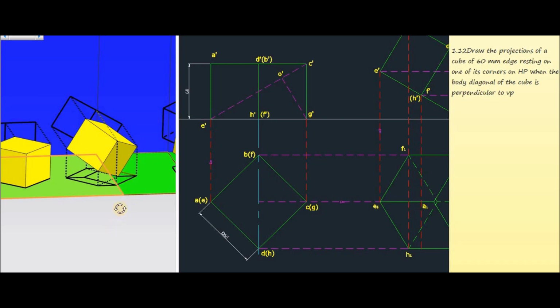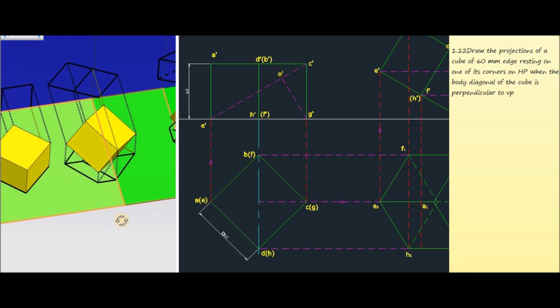So in this case, which one will be the body diagonal of the cube? Consider the corners E and C, so just remember this.